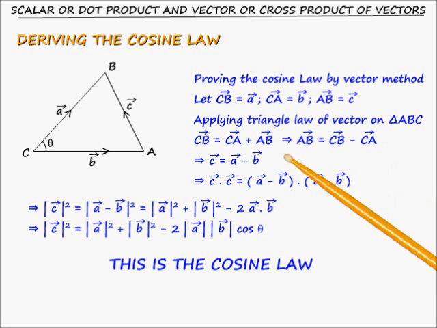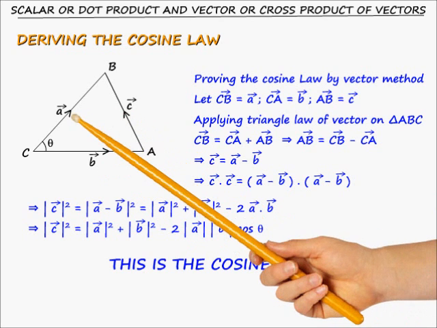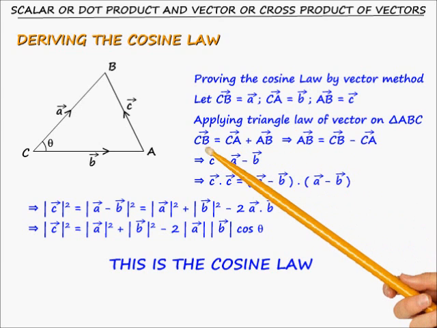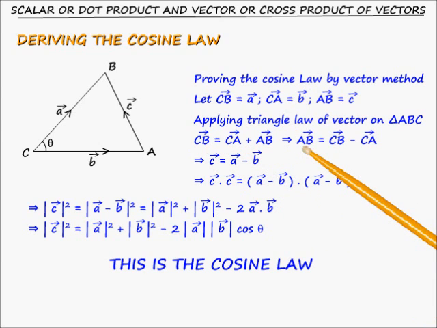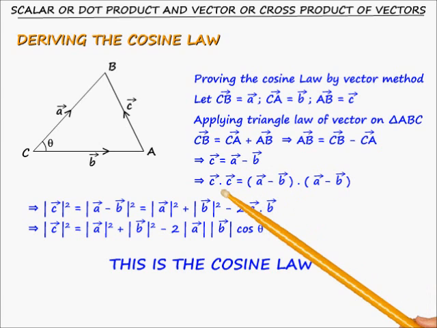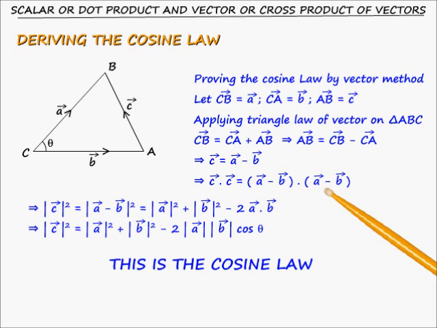Let CA equal vector B, AB equal vector C, and CB equal vector A. As per triangle law, CA plus AB equals CB, or AB equals CB minus CA, or C equals A minus B. This implies C dot C equals A minus B dot A minus B, or mod C whole square equals mod A whole square plus mod B whole square minus 2 mod A mod B cos theta.